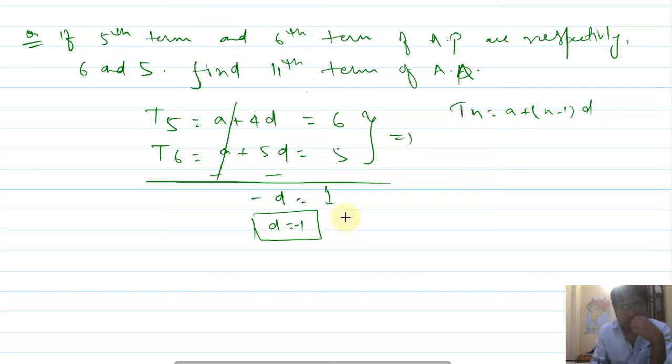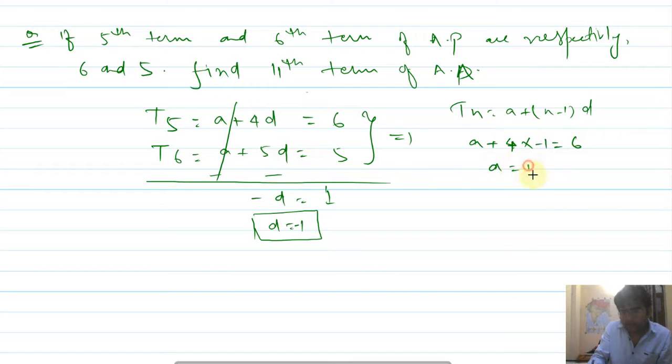So now you have to find the value of a. Just put the value in any equation. Either you can put it in t5 or in t6 and find the value of a. So I am putting d equal to minus 1 in t5. So a plus 4 into minus 1 equals 6.